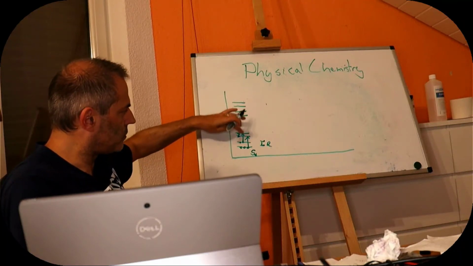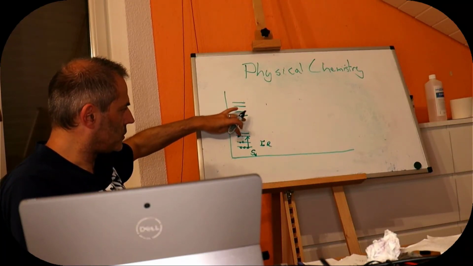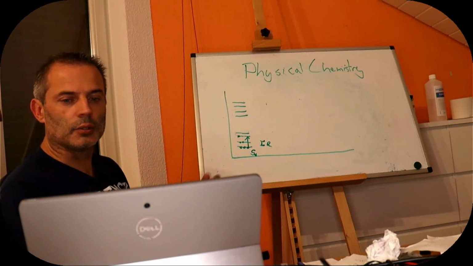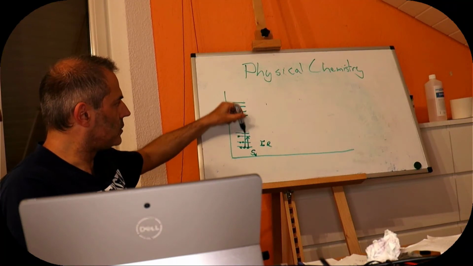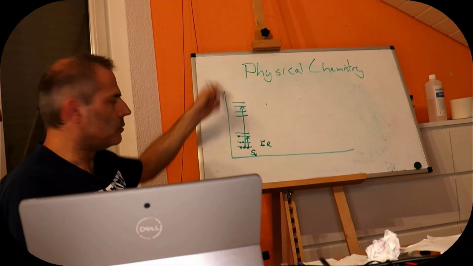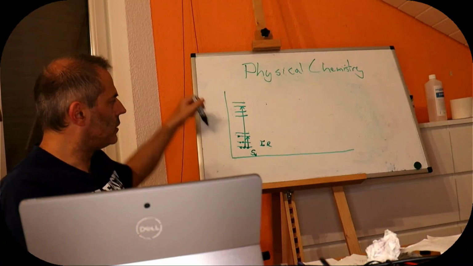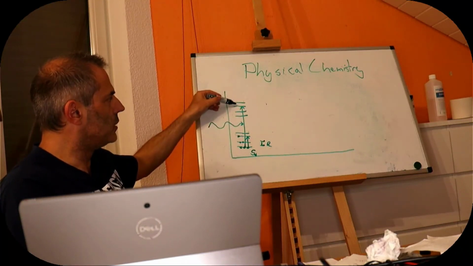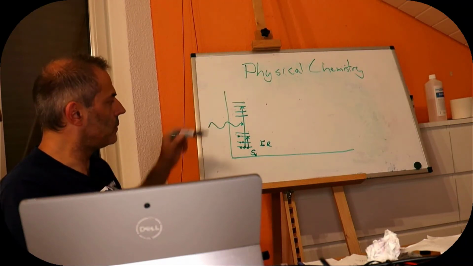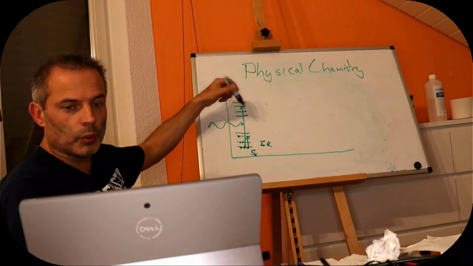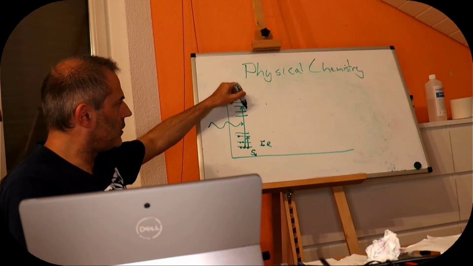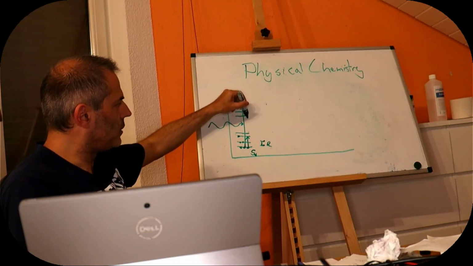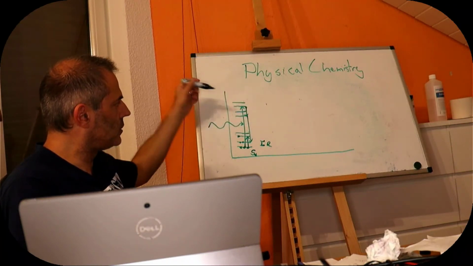Let me rub those off, just leave one on, because otherwise this drawing is going to get very messy. The alternative thing that we can do is excite to usually an excited state, a normal excitation into an electronic excited state, this one here, and then it will do what we expect. It will decay down to the ground state, and then it will decay from there down to an excited state.